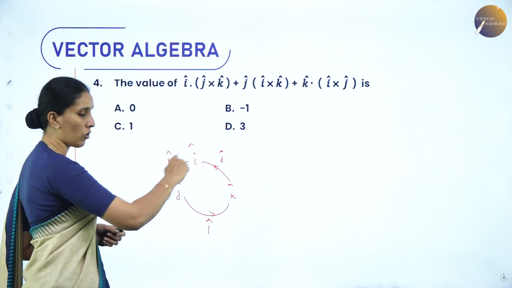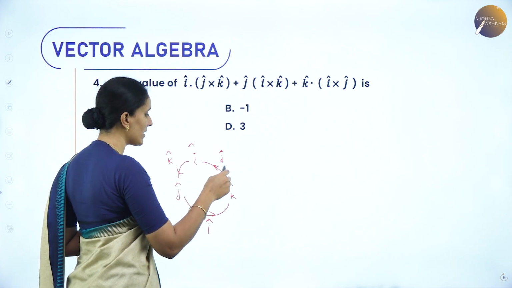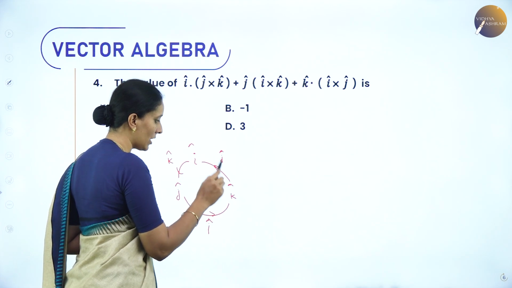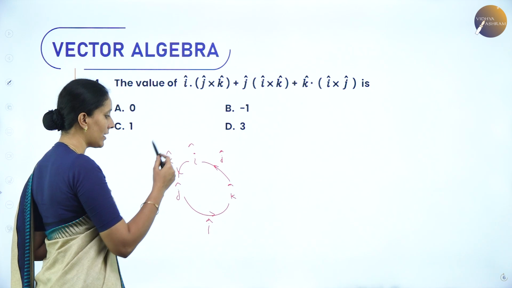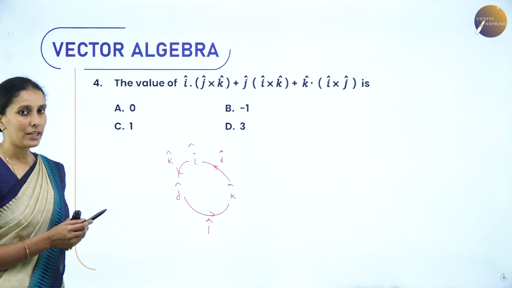So it's in anti-clockwise direction. If we move in clockwise direction, then the sign changes. That is i cross k is minus j, k cross j is minus i and j cross i is minus k. So when we move in clockwise direction, the sign changes here.